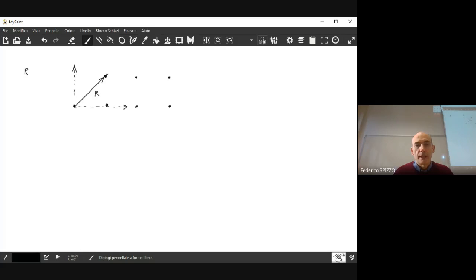Now the idea is that this ion and all the other ions in the solid have the opportunity to move with respect to this position. So this is the old position, this is the new position, and this ion may oscillate with respect to this position.